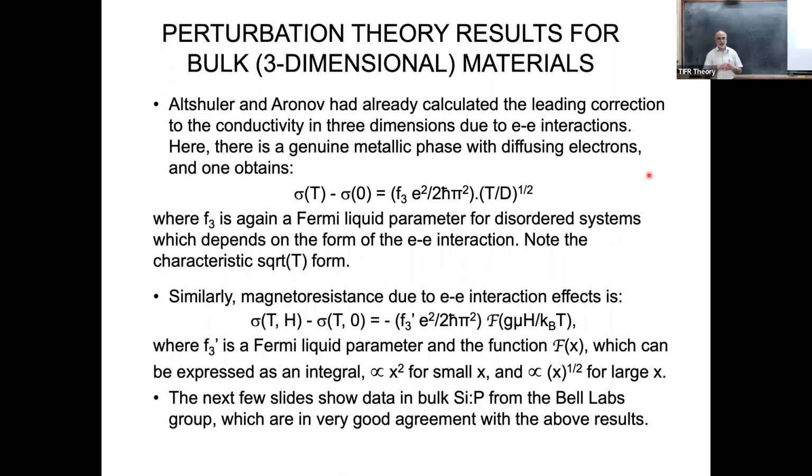Okay. I'd like to now think about a nice metal in 3 dimensions. By nice metal, I mean something that's very far away from the metal insulator transition. And the standard case I will mostly talk about, though I'll give examples from elsewhere, is doped semiconductors. So when you have a semiconductor, say silicon, and you put in a dopant like phosphorus, phosphorus has 1 extra electron, and that forms basically the electronic sea that you're going to try and measure.